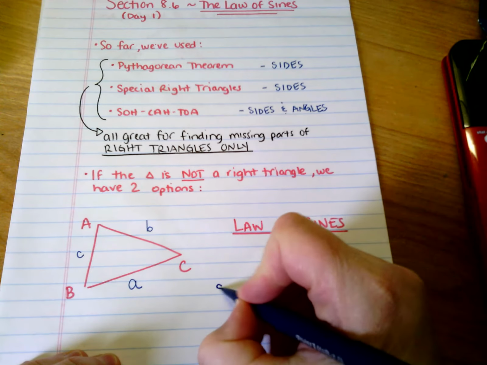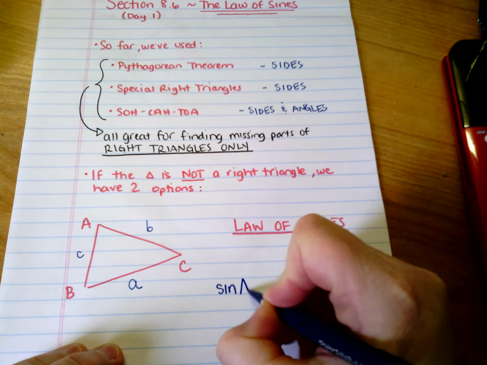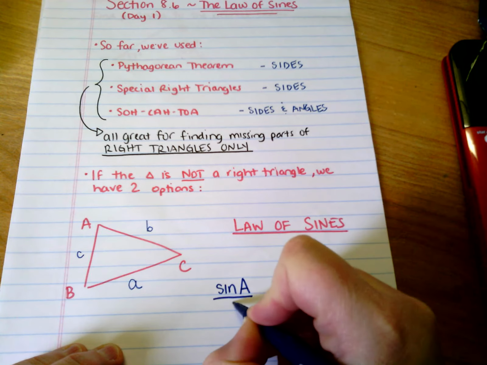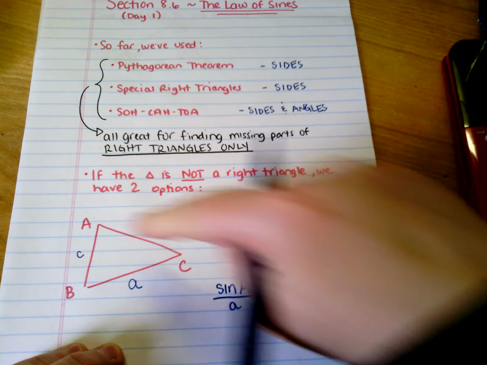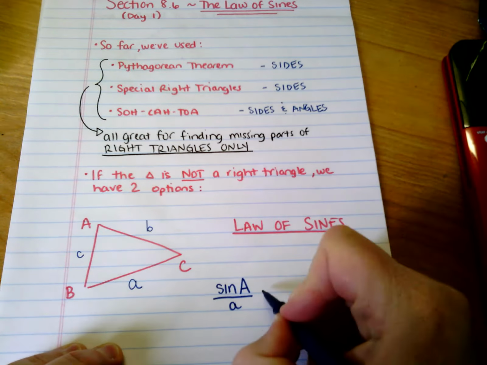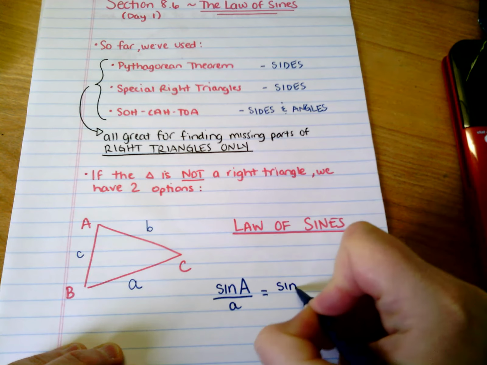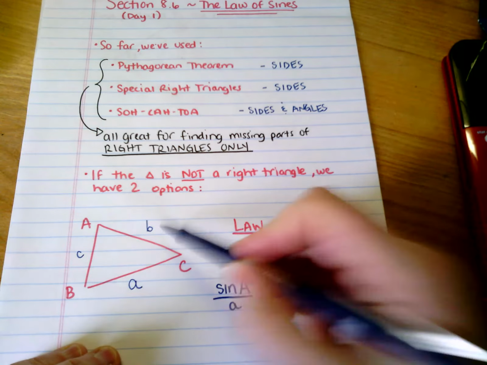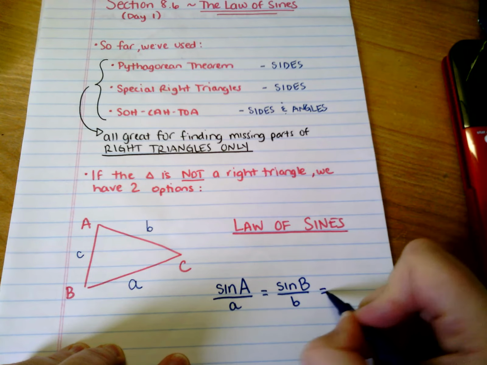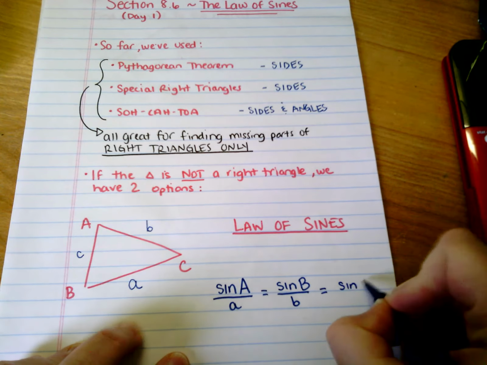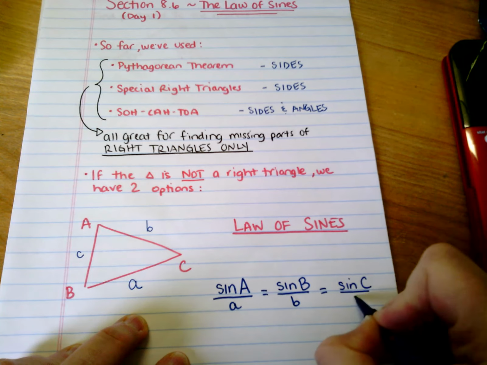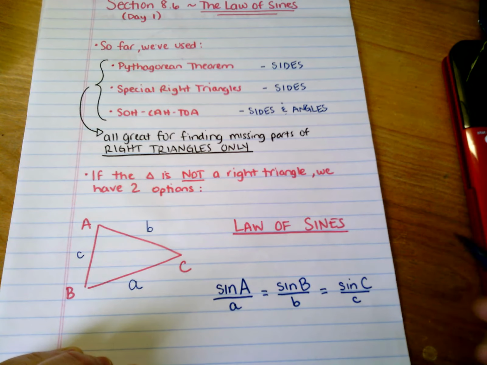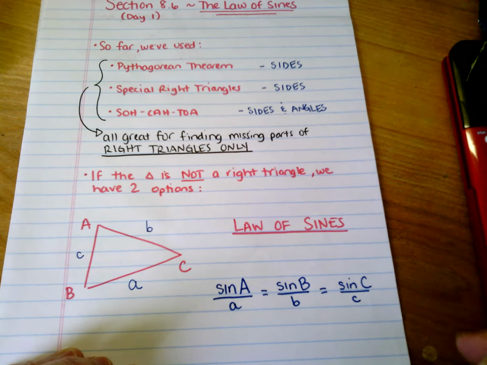So this is what it looks like. Sine A over side A, opposites, equals the sine of B over side B. Again, opposites. And you can imagine the third part, sine C over side C. And obviously we can't solve a proportion that has three parts, so we're going to pick the two parts that work for us.